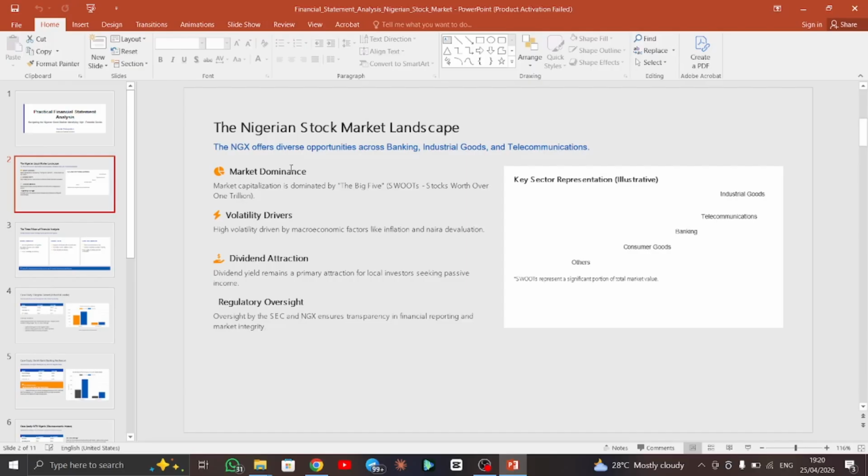Then you also have to consider the dividend attractions. Is this company a company that pays dividend? Sometime at the end of last month, I was looking at my portfolio and I noticed that most of my stocks are capital appreciating stocks, right?